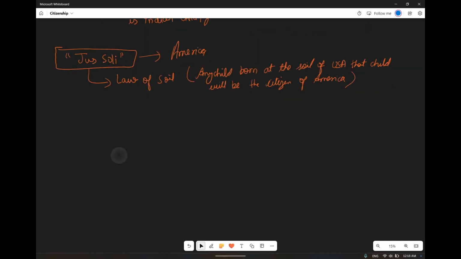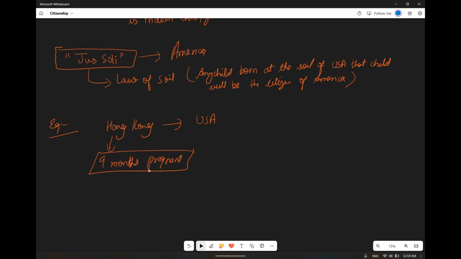We'll give you a very interesting example. A lady was traveling from Hong Kong to USA, and that lady was in her ninth month of pregnancy. According to the rule, she should not travel, but somehow she managed to travel on the flight.